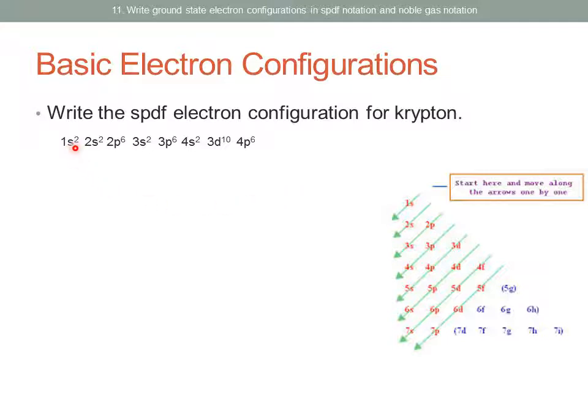We have 2 plus 2 is 4, plus 6 is 10, plus 2 is 12, plus 6 is 18, plus 2 is 20, plus 10 is 30, plus 6 is 36. And that's how many electrons Krypton would have. So there is the electron configuration for Krypton. It is 1s2, 2s2, 2p6, 3s2, 3p6, 4s2, 3d10, 4p6.